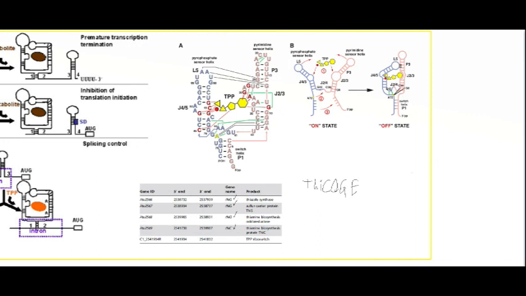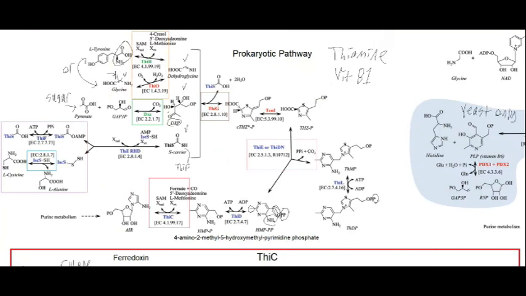So this was their shorthand way of talking about the four that are being inhibited through this riboswitch, and that makes sense. The C, O, G, and E. So the G, the C, the O, and the E.